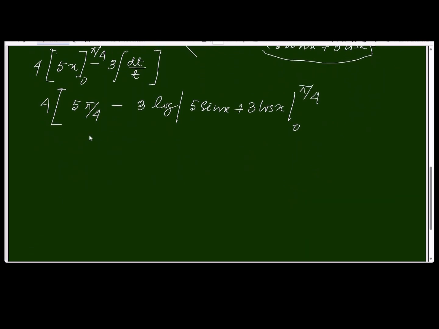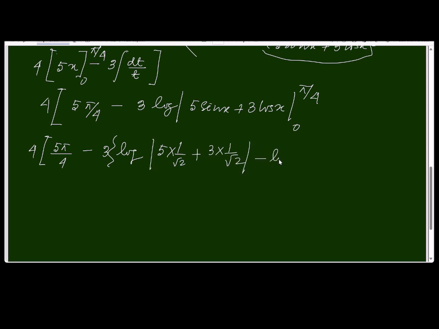Now put the value correctly. This will be 4, 5 pi by 4 minus 3 log of 5 sin pi by 4, which is 1 by root 2, plus 3 into 1 by root 2, since cos pi by 4 is 1 by root 2.